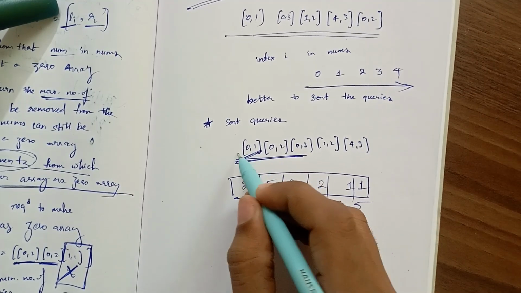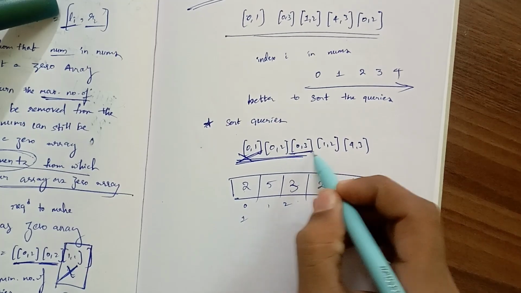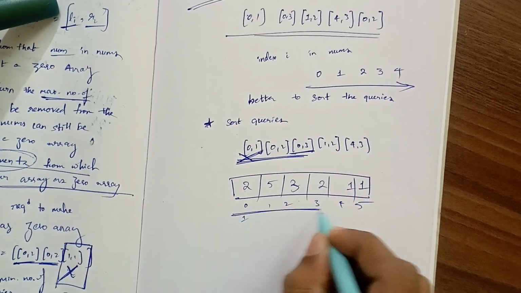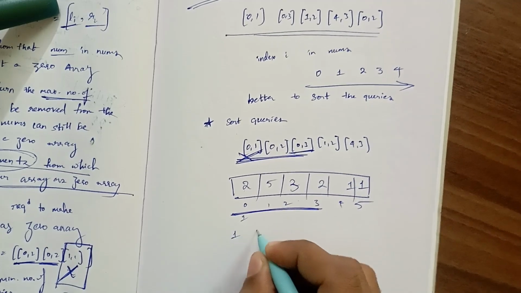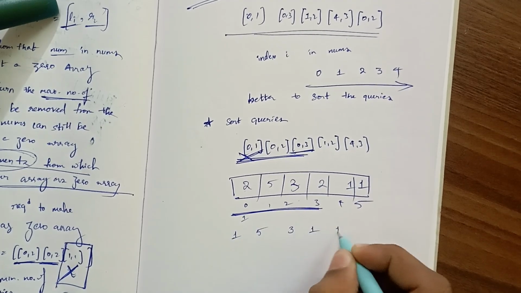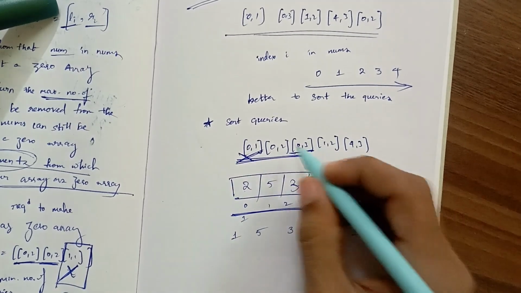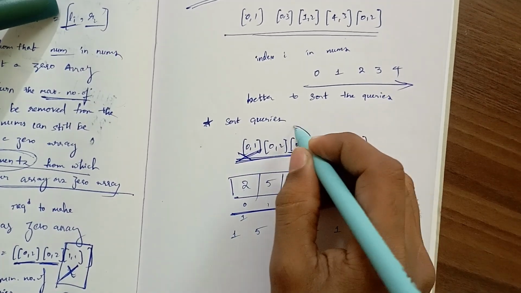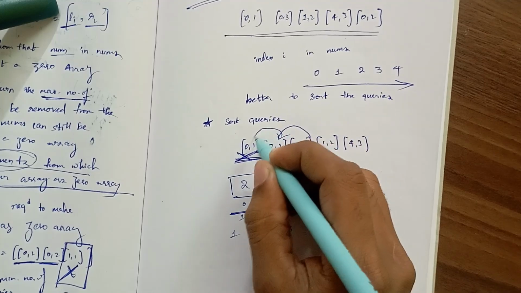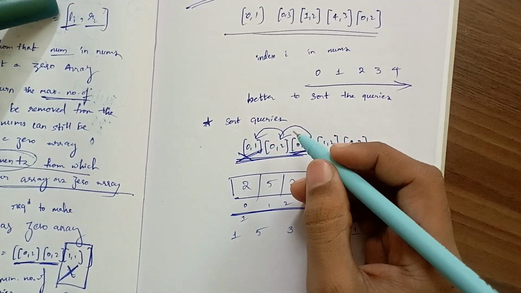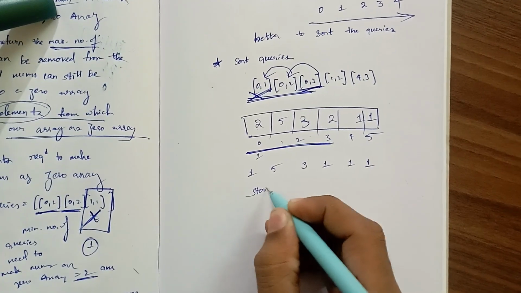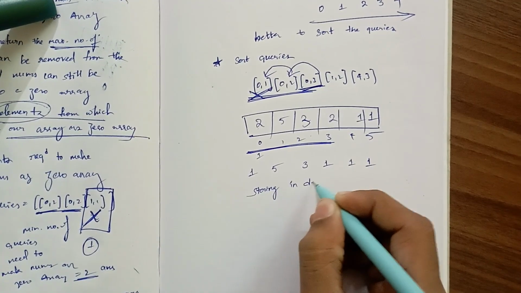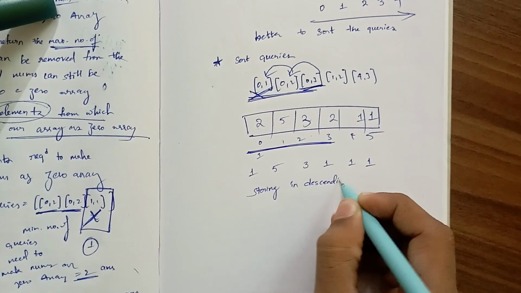But instead of taking 0 1, if you take 0 3, you cover this whole range, and this will reduce the nums to 1 4 2 2 2 1. After taking 0 to 3, then you can consider 0 to 2, and then 0 to 1. So that means we need to store in descending order.